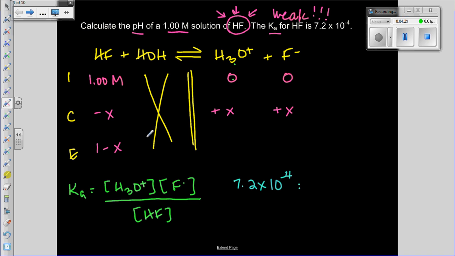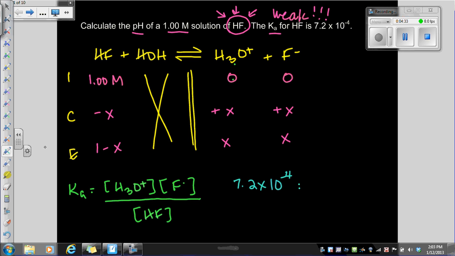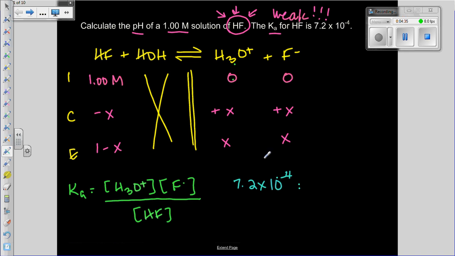So 1 minus X, X, and X. I'm going to substitute that into the expression. So we have X times X, which is X squared, divided by 1 minus X. So now I need to solve.